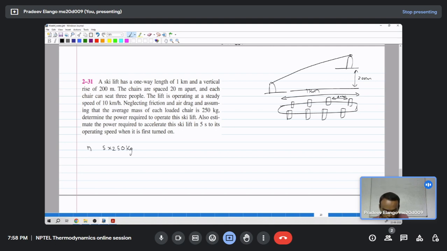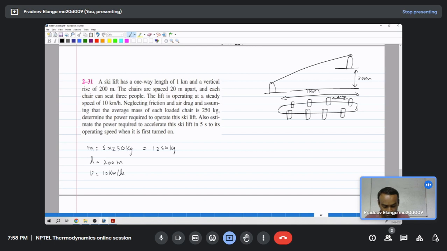So the total is 1250 kg, and h is 200 meters, and velocity is 10 kilometer per hour.